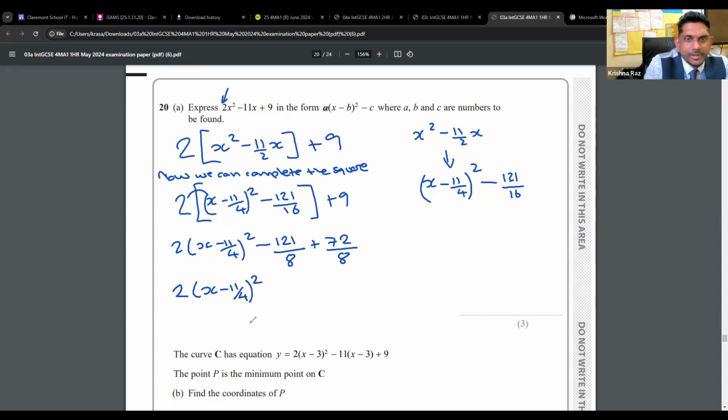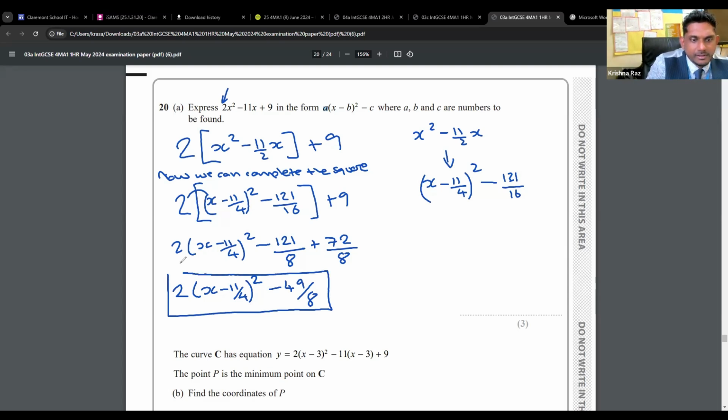Over 4 squared minus 121 plus 72 is minus 49 over 8. There's your answer. Yes, so obviously I can write that on the line, but I haven't.